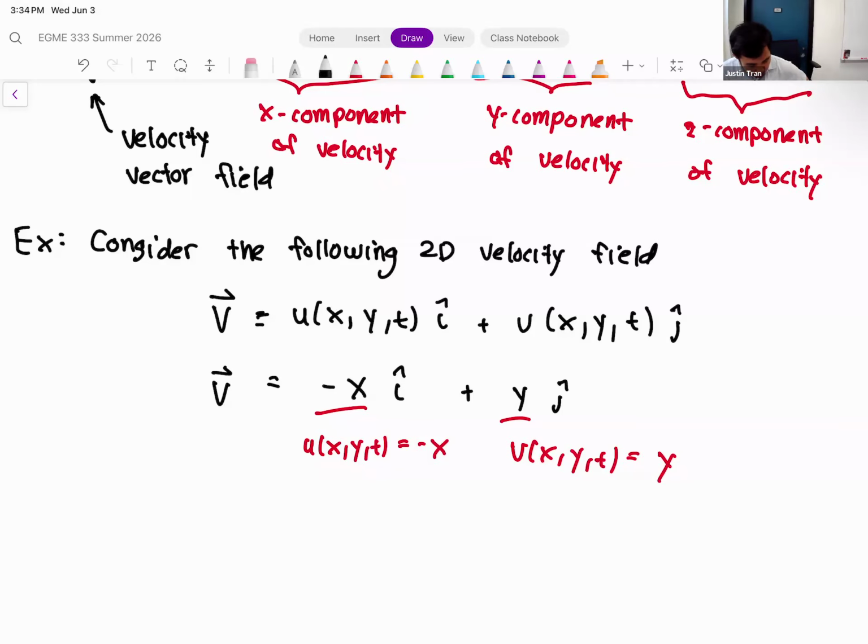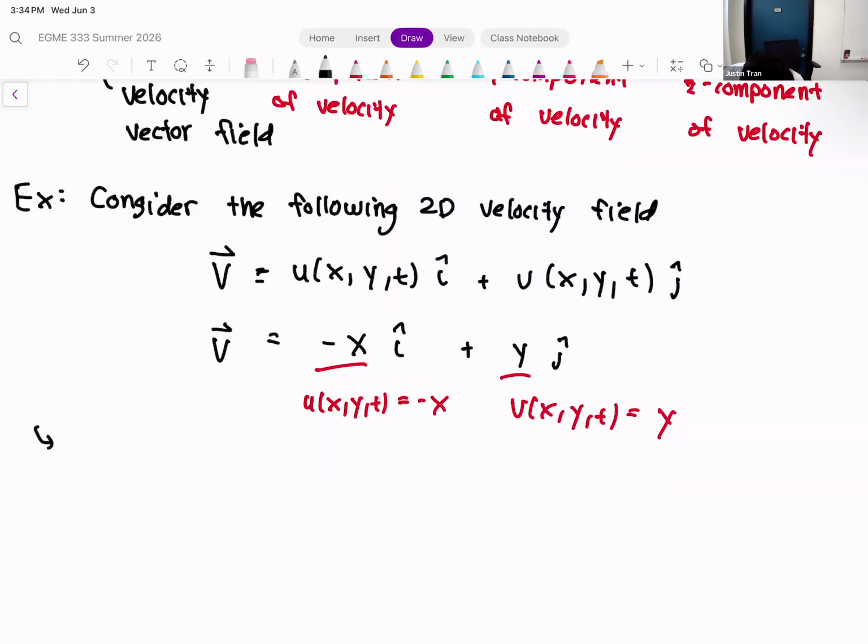Okay. So for this example, let's just plot. We're going to plot this velocity field in the xy plane.